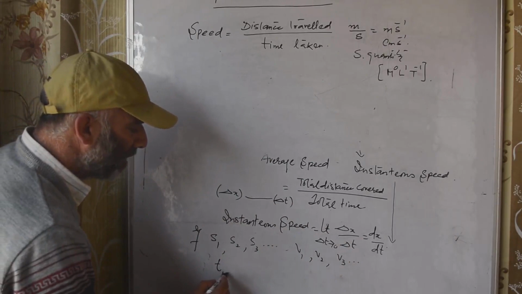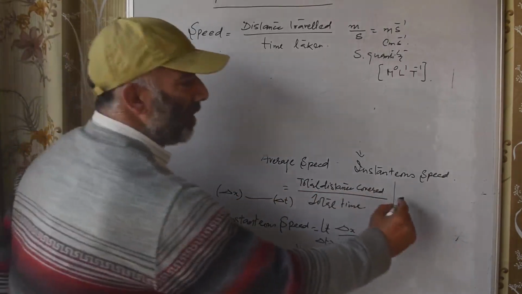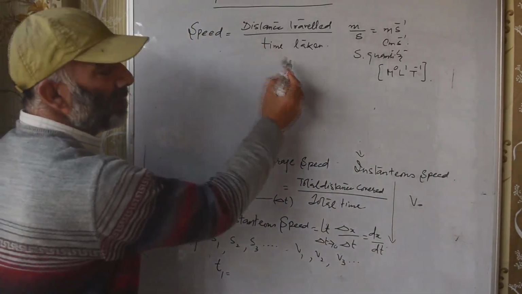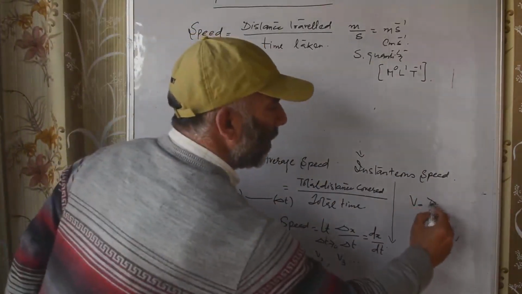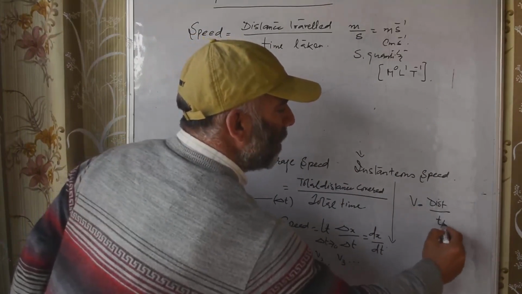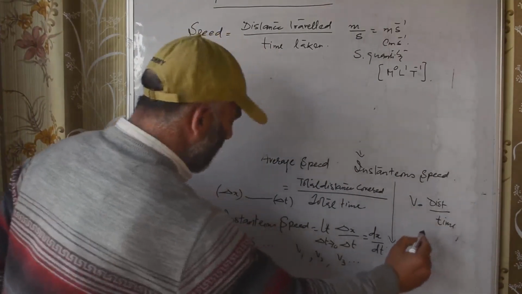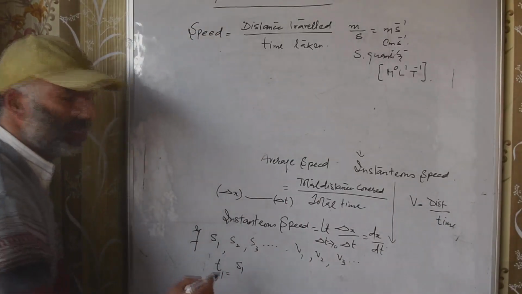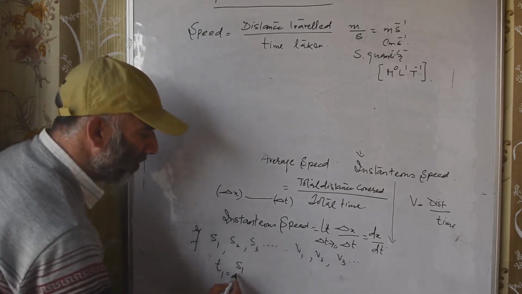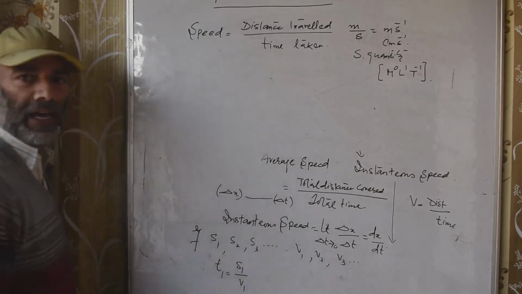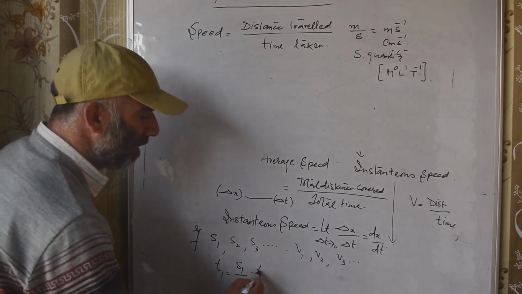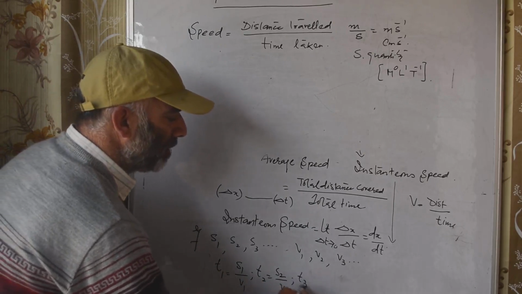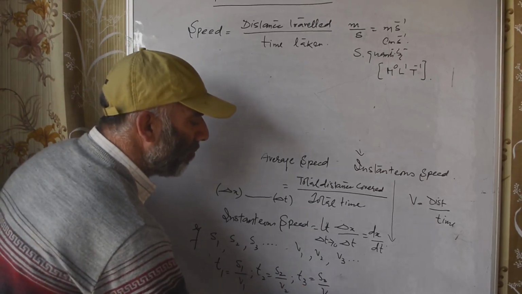Let T1 be the time. Since velocity or speed is distance by time, time is equal to distance by velocity. So T1 is equal to S1, the distance covered with velocity V1, divided by V1. Similarly, T2 is equal to S2 by V2, and T3 is equal to S3 by V3.